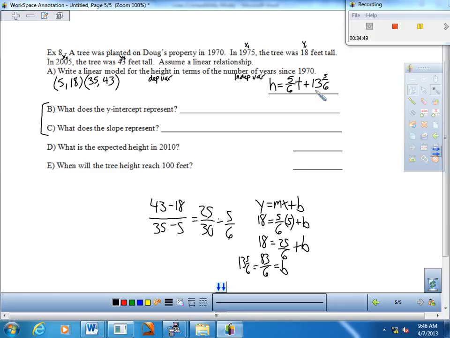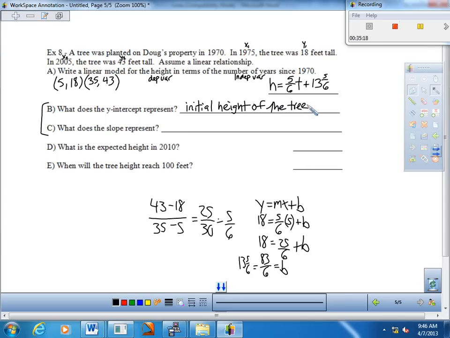If you look at the problem and its height in terms of time, the y-intercept always occurs when t is 0. Keep that in mind. Generally speaking, the y-intercept is really the initial value of the dependent variable, which is the height here. And so, maybe you can paraphrase if you want, but I see this as the initial height of the tree.